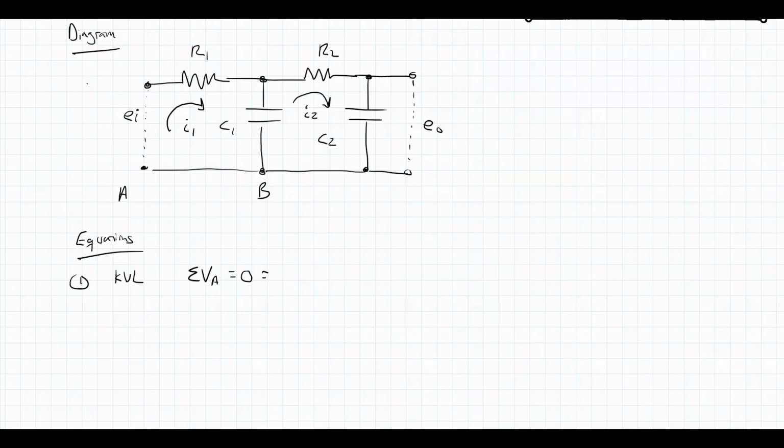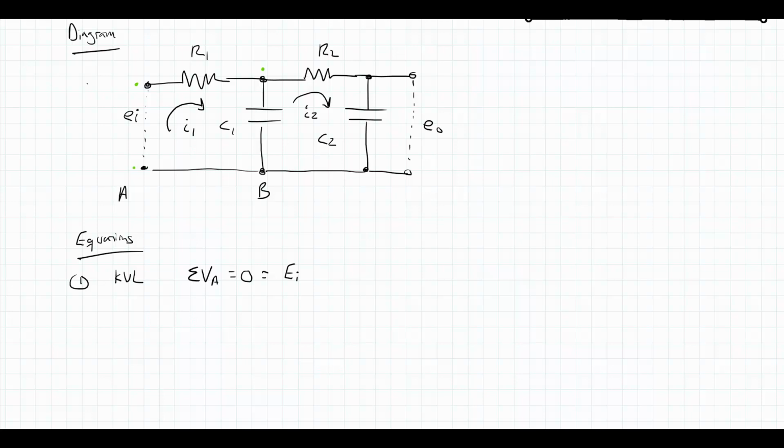If I start at A, I am going to go across EI to the point up here. Along that path, I have passed through little e sub I, but we are working in the frequency domain, so I'm adding this e sub I. I'm assuming that that is the positive direction of e sub I, and I'm going with the direction of current I1. So I'm at the upper left, I'm going to cross over R1, and I'm going to get to this point.